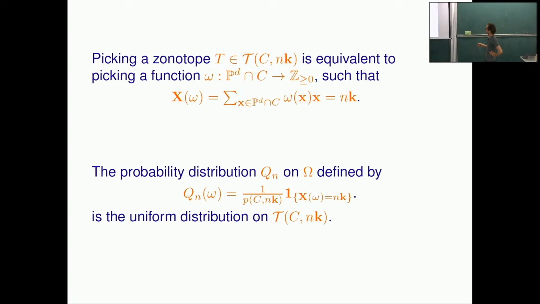And we can define a probability distribution on the space of functions, the space omega of non-negative integer valued functions on the primitive vectors contained in the cone. Recall that P of C comma n times k is the number of zonotopes with this endpoint contained in the cone C.